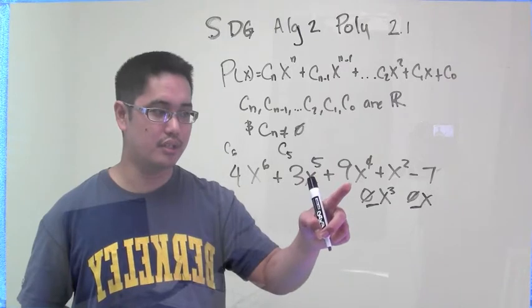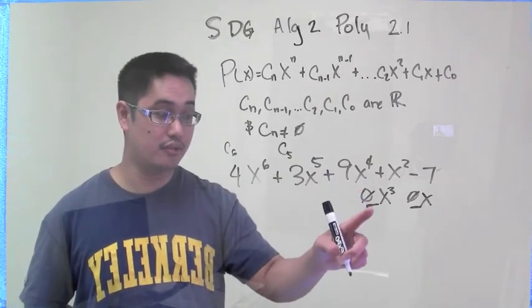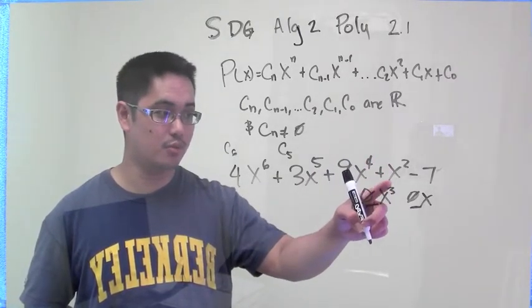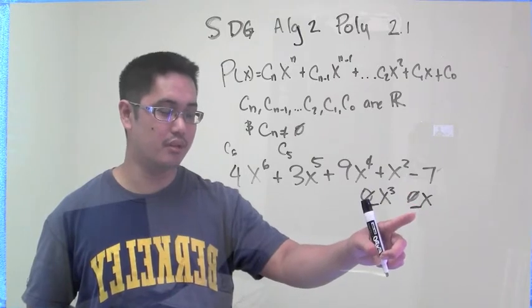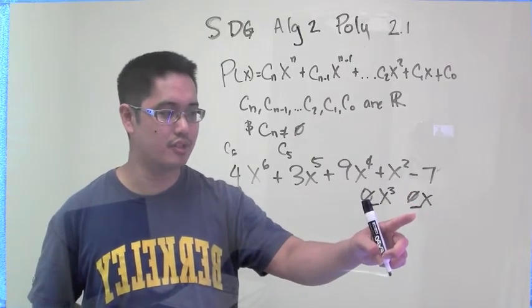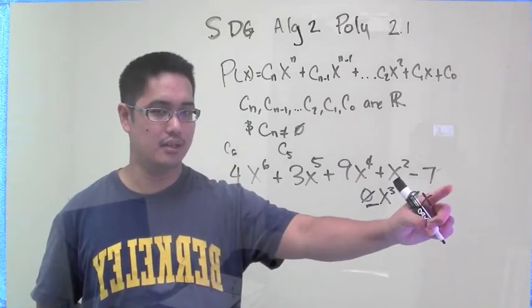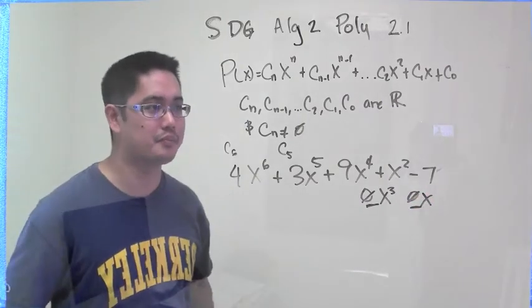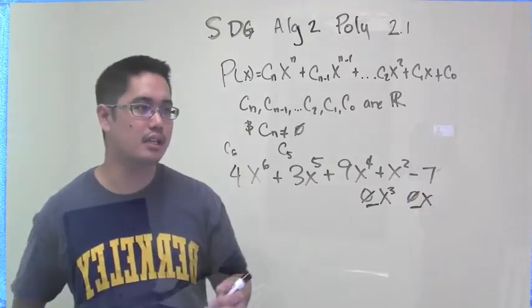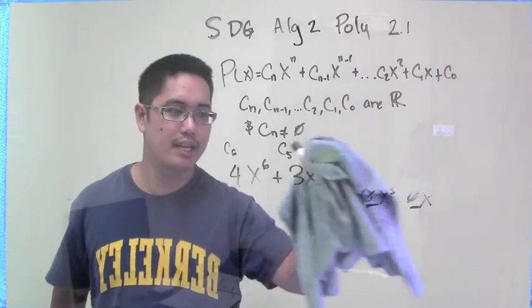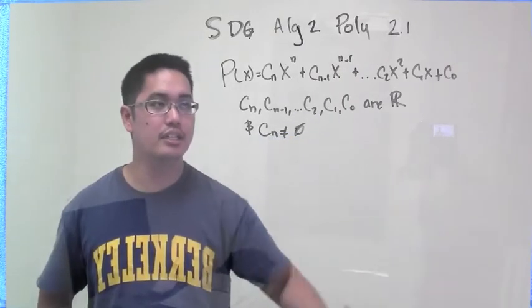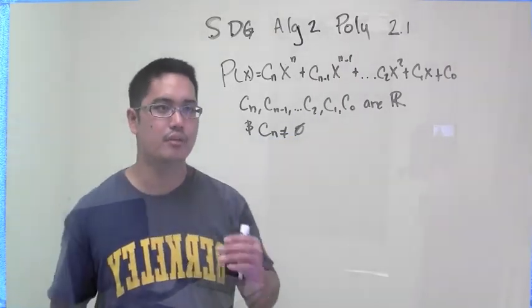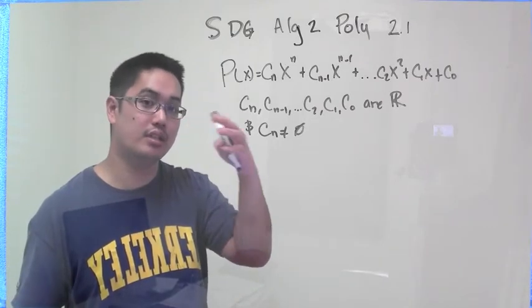The 4th coefficient is 9. The 3rd coefficient is 0. The 2nd coefficient is 1. The first coefficient is 0, and then the last coefficient is -7. So all this is saying is that depending on the degree of your polynomial, this will describe it.